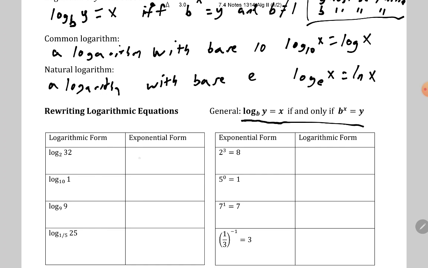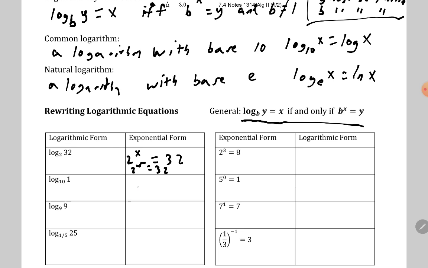So remember base of an exponent, so base 2, so I write 2 to the x equals 32. And what number should the exponent be? 2 to the what power is 32? That is 5. So this is 2 to the 5th equals 32.